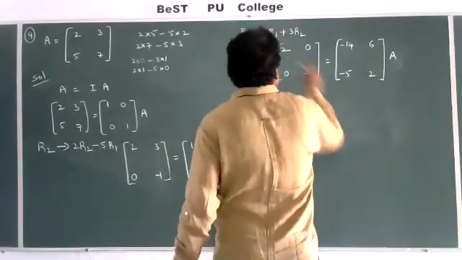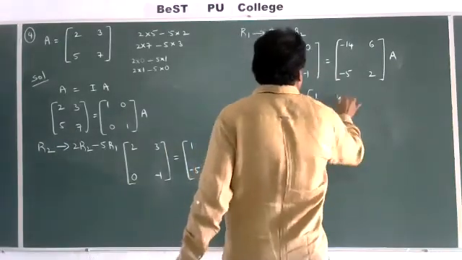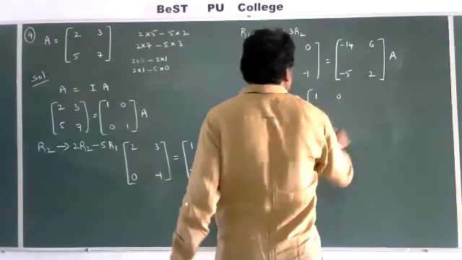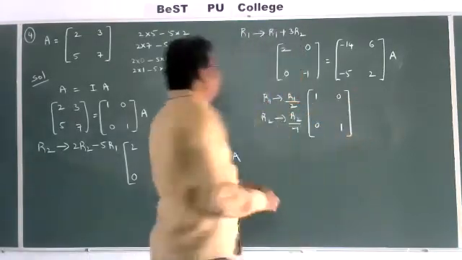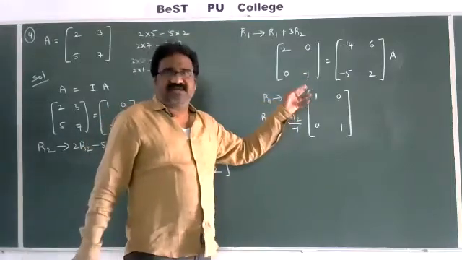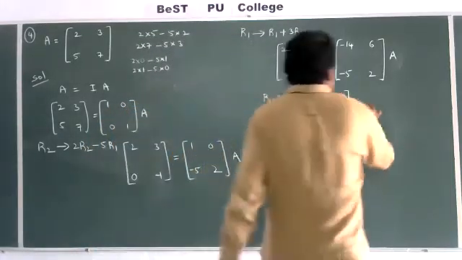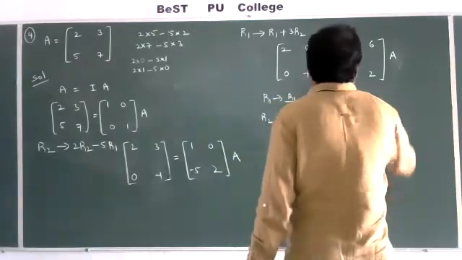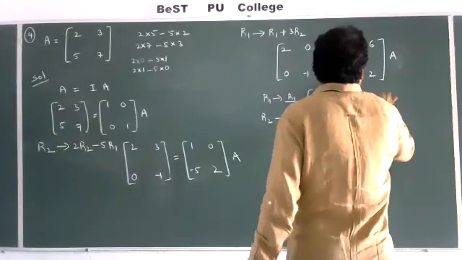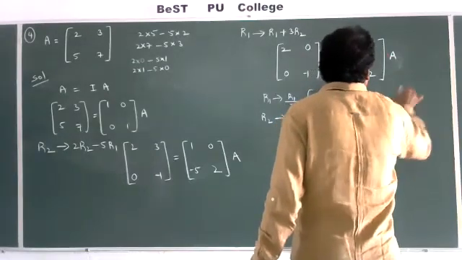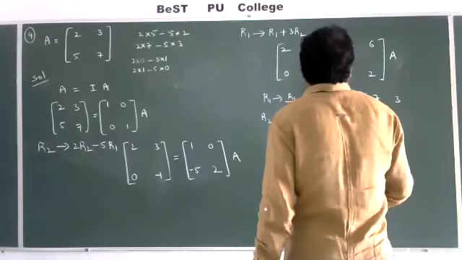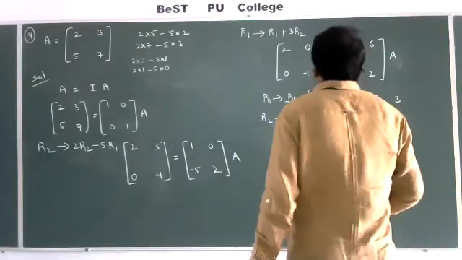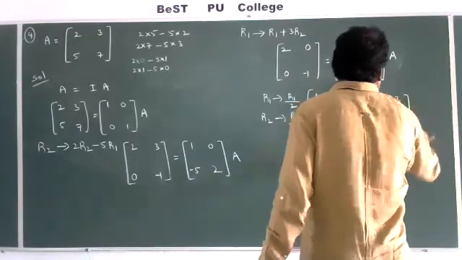R1 by 2: 2 by 2, 1, 0 by 2, 0. Second row, 0 by minus 1, 0. Minus 1 by minus 1, plus 1. Here apply the same operation. R1 by 2, that is minus 14 by 2, minus 7, 6 by 2, 3. So R2 by minus 1, minus 5 by minus 1, plus 5, 2 by minus 1, minus 2, into A.